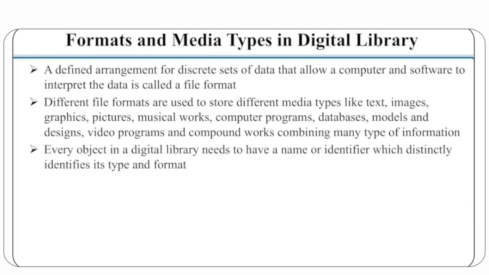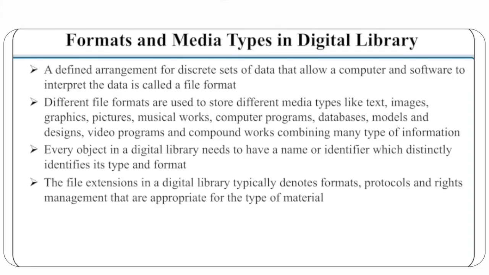Every object in a digital library needs to have a name or identifier which distinctly identifies its type and format. This is achieved by assigning file extensions to the digital objects.